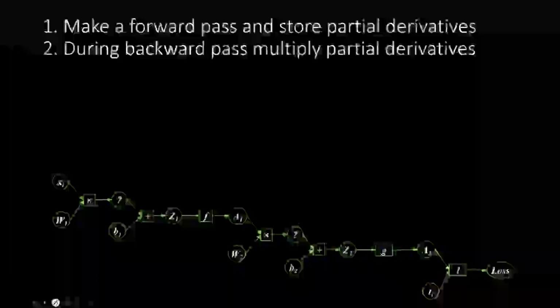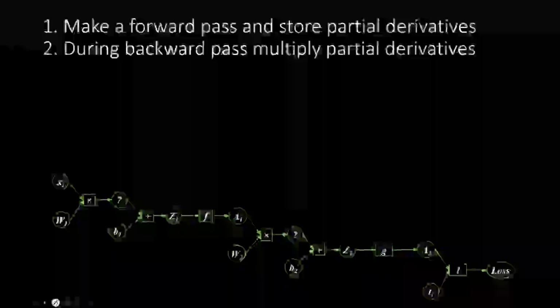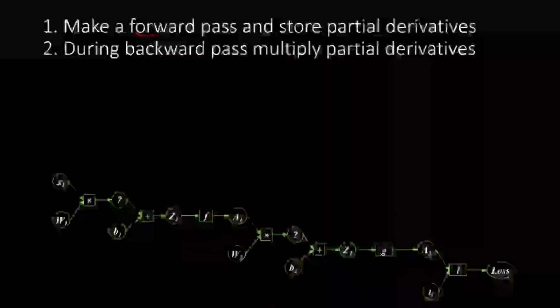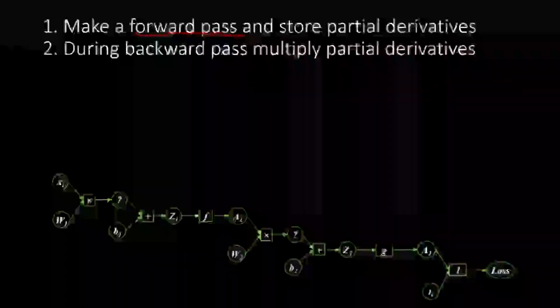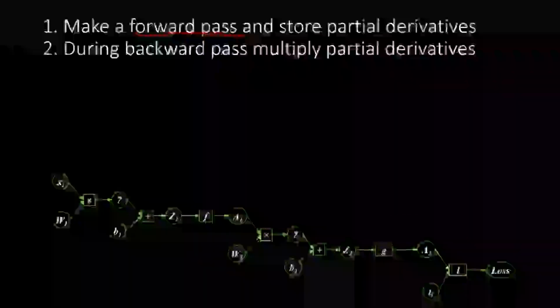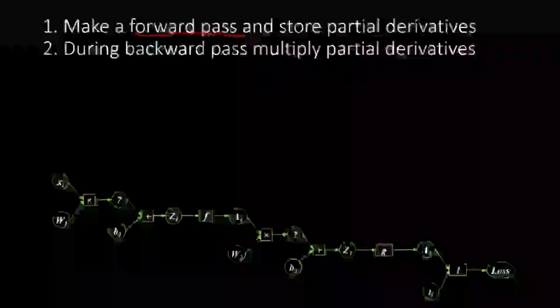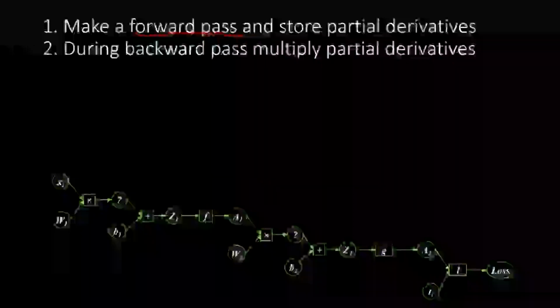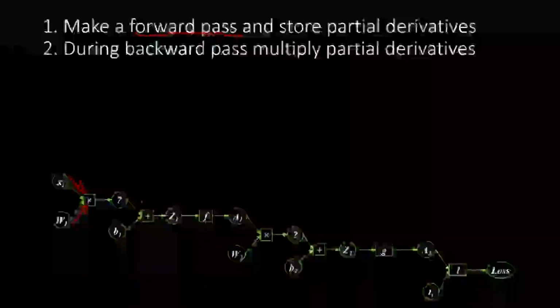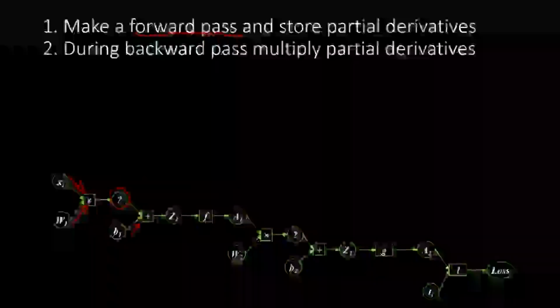The way it happens is that once we have defined this computational graph by defining the layers, every time we compute the output of the neural network using an input x and some values of the weights, we are doing what is called a forward pass. Forward pass is basically just sending the information from input to output. So in the forward pass, your information is flowing this way. x is being multiplied with w, and whatever comes out of it, we add the bias to it.